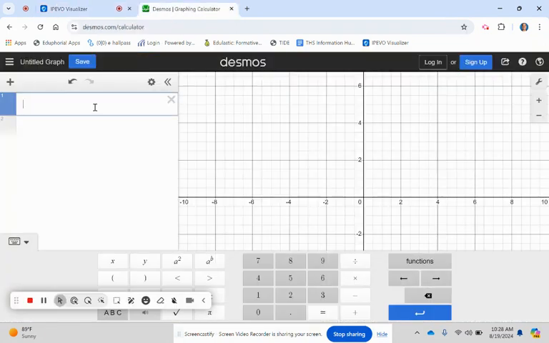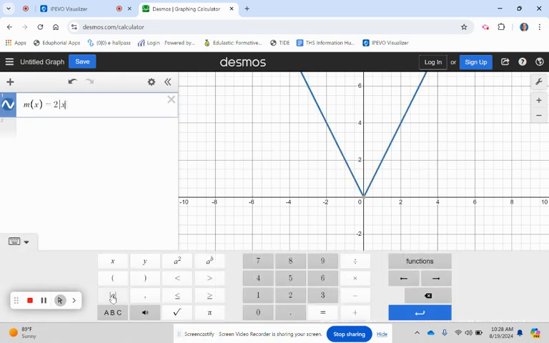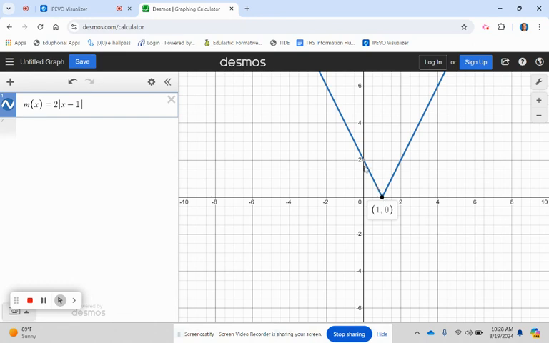So I'm going to come over here. I'm going to do m of x equals 2 times the absolute value of x minus 1. All right, let's go ahead and grab some points. So we have 1, 0, 0, 2, and 2, 2. Okay, so let's go ahead and graph those points.